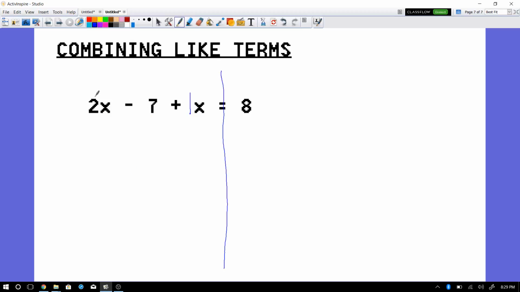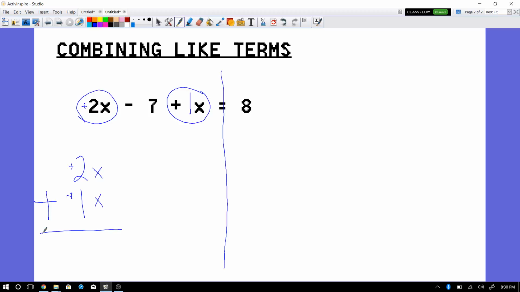There are no regular numbers not followed by a variable on the left side of the equation, other than 2x and 1x. So I'm going to circle it. It doesn't have a sign, so it means it's positive. I'm going to circle the number with its sign, which means positive 1x. We know that we're going to be adding like terms, so that's going to be a positive 2x and a positive 1x.